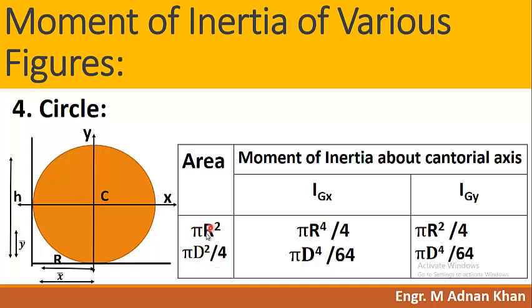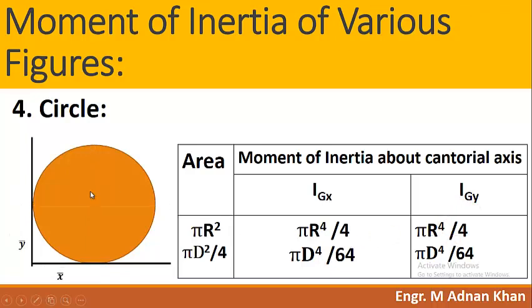This is the area of the circle, and its moment of inertia about the x-axis is given as pi r power 4 divided by 4. Or you can write it in terms of diameter: it becomes pi d power 4 divided by 64. The moment of inertia about the y-axis is also given as pi r power 4 divided by 4.